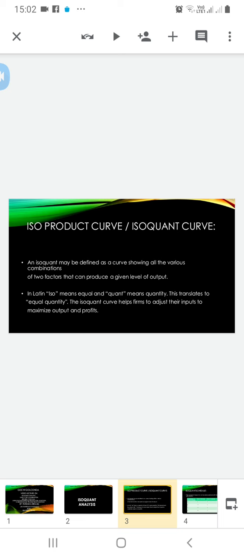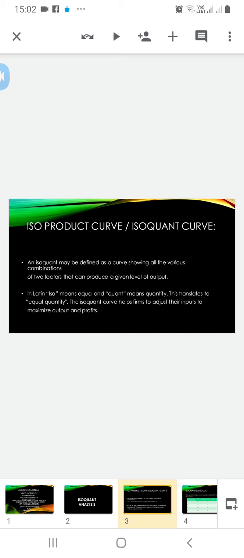In Latin, iso means equal and quant means quantity. Equal quantity. Equal product curves in production are similar to the indifference curve in consumer behavior. They are also known as isoquants.